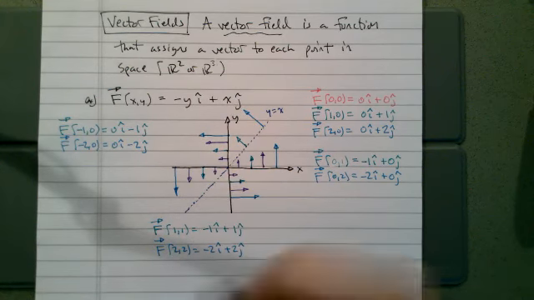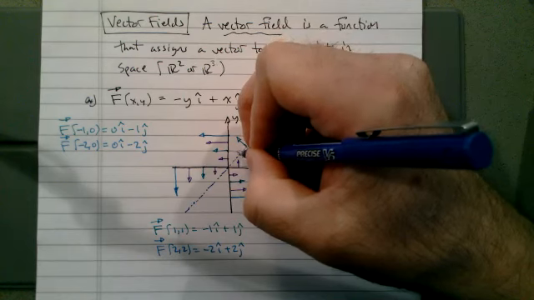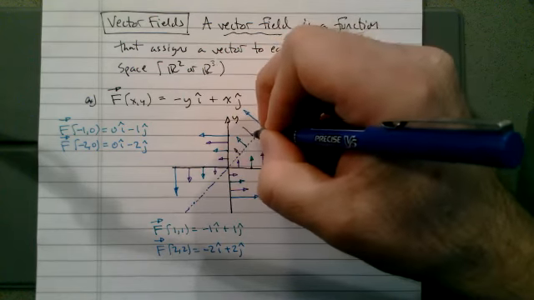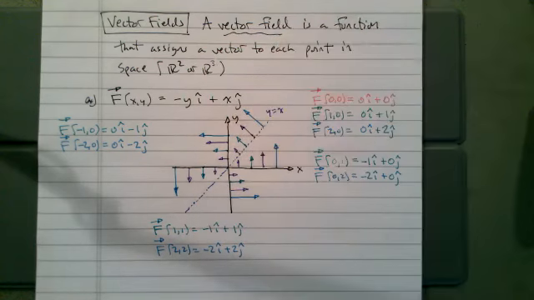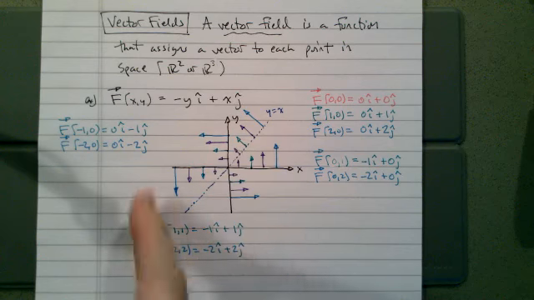And if we think about the vectors in the middle, what we're really starting to see is that this vector field looks like it's going to produce some kind of circular motion. Any questions?